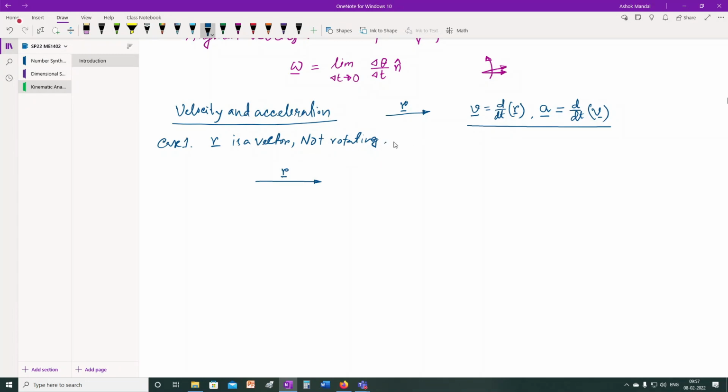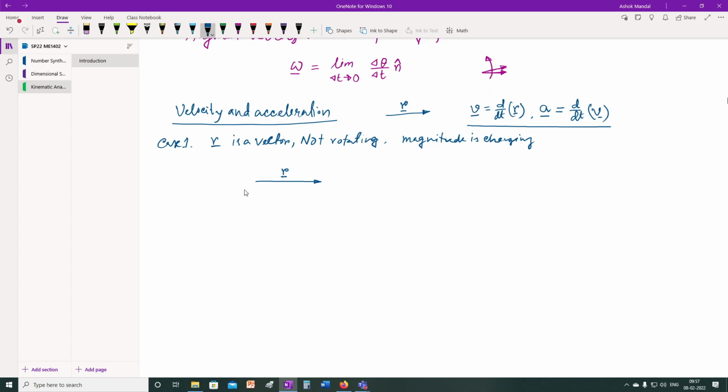Its magnitude can change. Magnitude is changing with time.